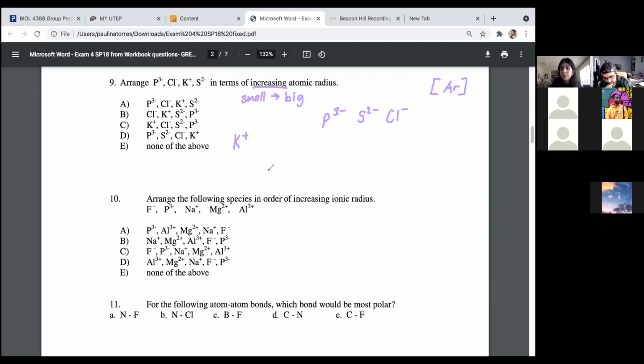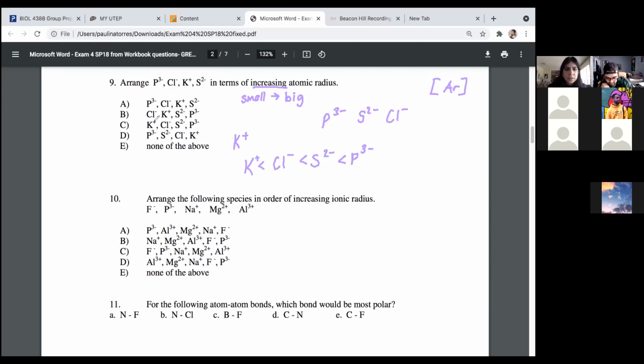So they'll be the smallest. So which one has the most protons? The chlorine? Yeah. Okay, close. Don't forget about potassium, right? Oh, right. Yeah. It'll be potassium. So we have potassium as the smallest, and then we'll have chlorine minus, sulfur 2 minus, and phosphorus 3 minus.